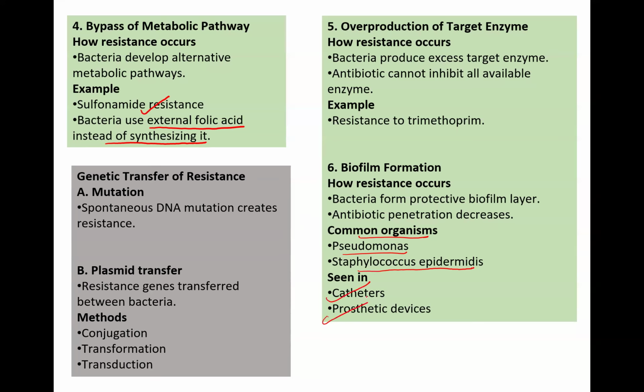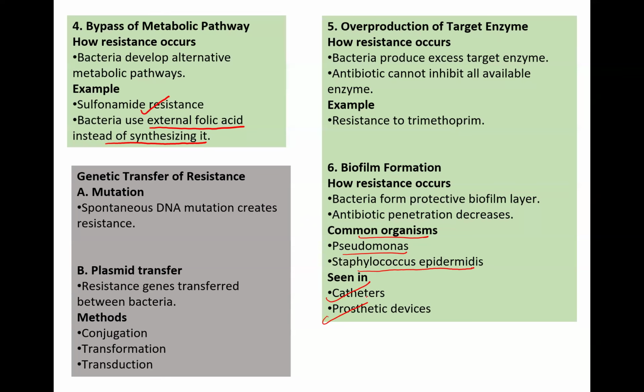Another one is genetic transfer of resistance through mutation and plasmid transfer. It is very important because changes in DNA mutation can cause resistance. That's what happened in COVID, even though it is a virus. The COVID virus underwent mutation such that it became resistant to vaccines and medications, isn't it?